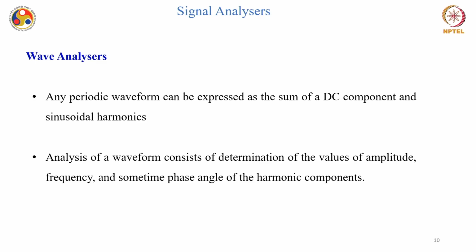Usually, any periodic waveform can be expressed as the sum of a DC component and sinusoidal harmonics. Analysis of a waveform consists of determining the amplitude, frequency and sometimes phase angle of the harmonic components present in this representation.